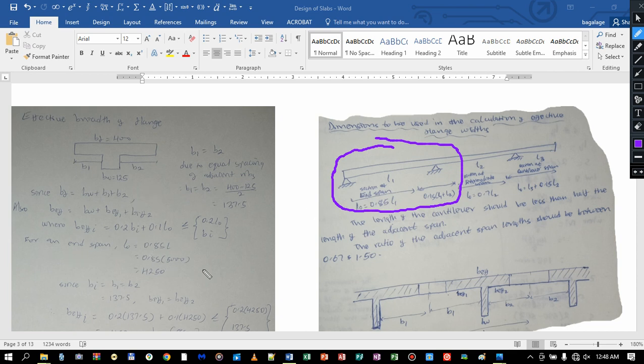Alright, so if we multiply 0.85 times our 5,000 span, we get 4250 mm.